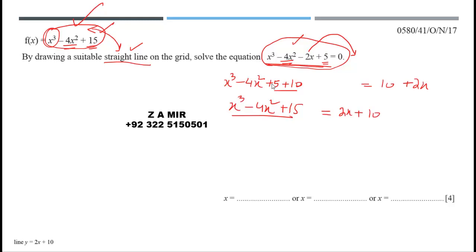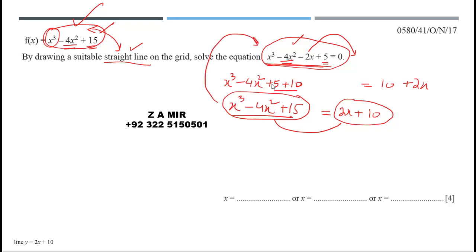So where these two graphs, the graph of this and the graph of this straight line intersect, the x coordinate of that point of intersection will be the solution of these two. These are the two combined equations, and after manipulation these two become this single cubic equation. So the solution of these two will be the solution of this cubic equation as well.